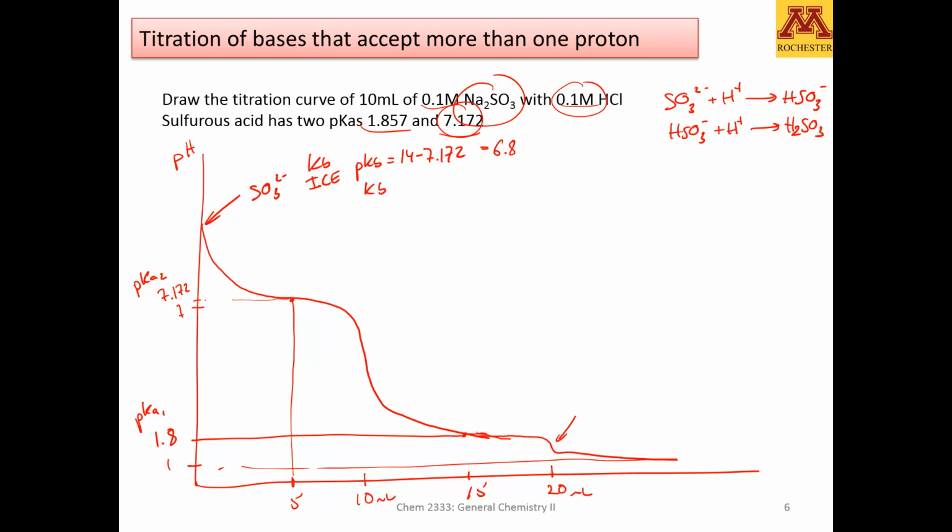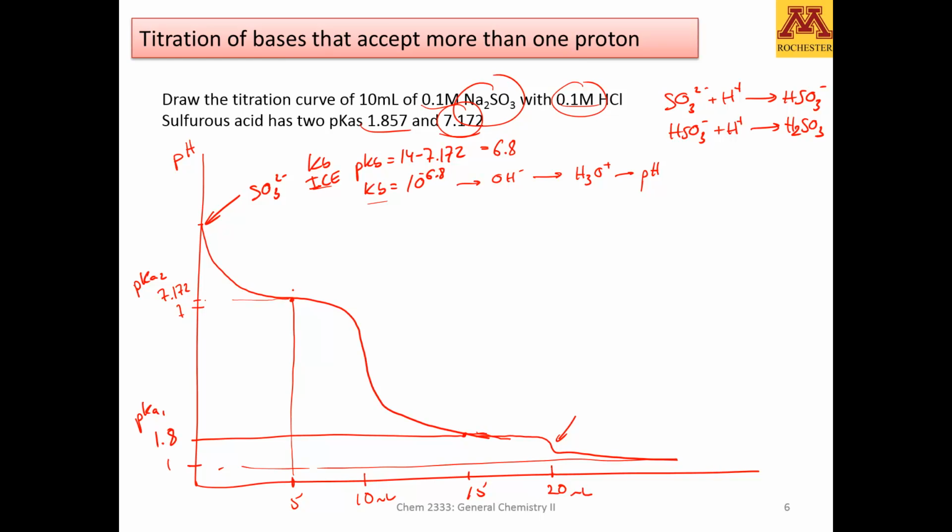Therefore, the Kb is 10 to the negative 6.8. So you build the ICE table using Kb. That will give you OH negative. From OH negative, you can get H3O plus, and that will give you the pH. Quite a complicated step to calculate the pH right at the beginning of your titration.